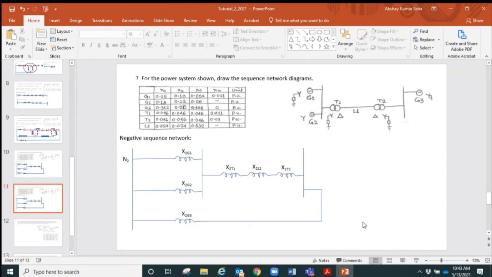So that's the negative sequence network. Is that clear to you? Please let me know when you have drawn this in your book so that I can go to the next slide, because you won't be able to see it, and on this slide, the amount of space available is not going to allow me to draw the zero sequence network. So are you done with this negative sequence network and understood it?